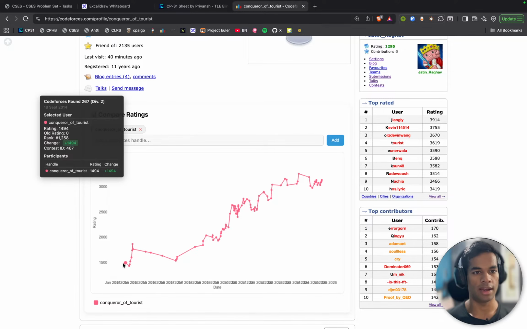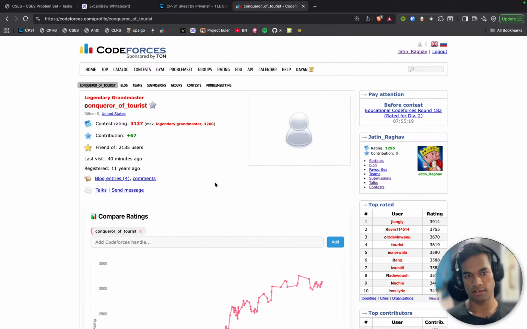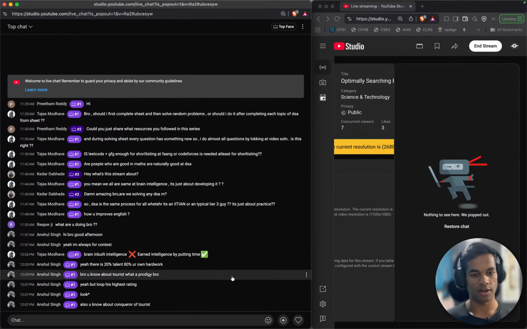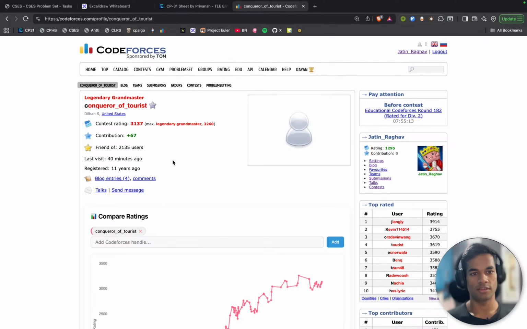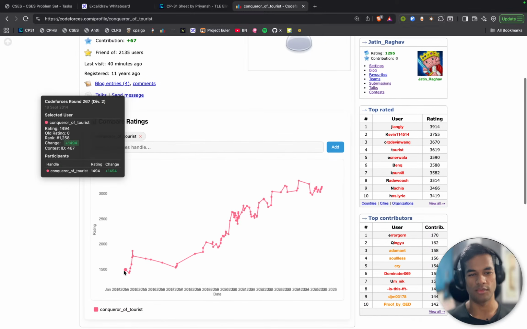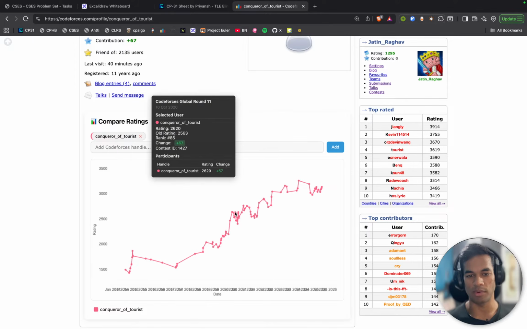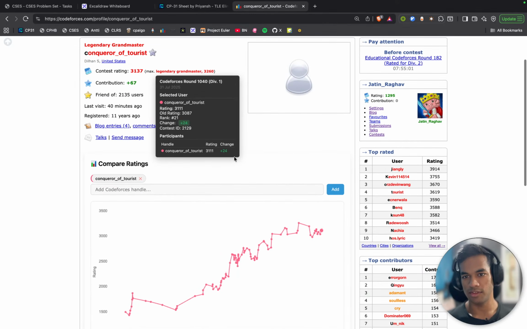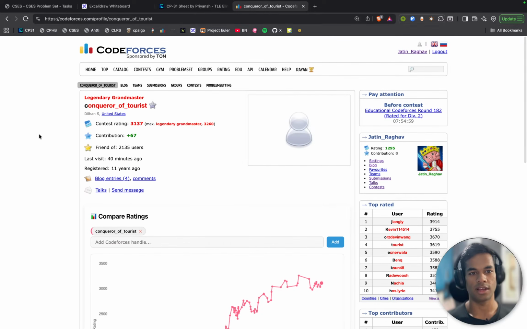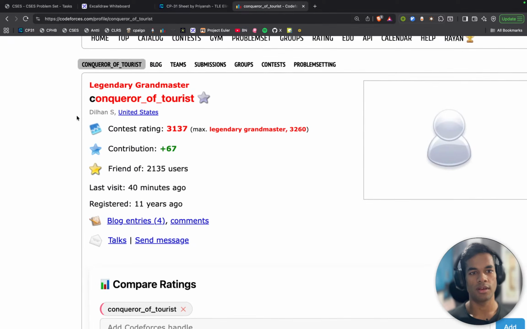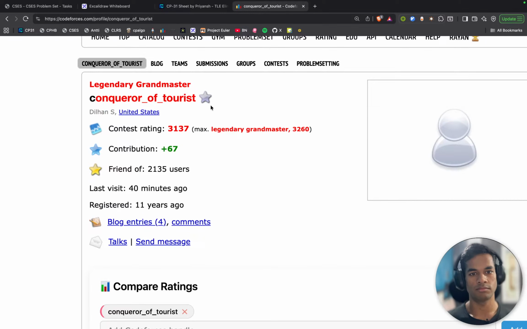He has been at this since 2014, since Russia invaded the Crimean Peninsula. 2014 was also the year when Facebook acquired WhatsApp, and BJP came to power in India. Is this guy trying to beat Tourist? Is that his thing? He's from the United States.